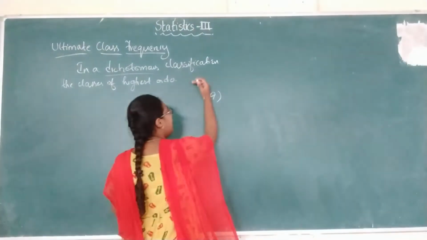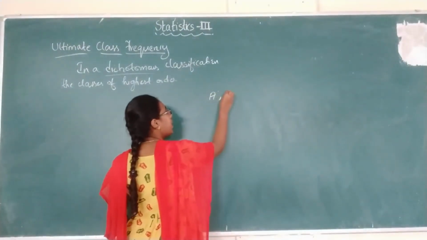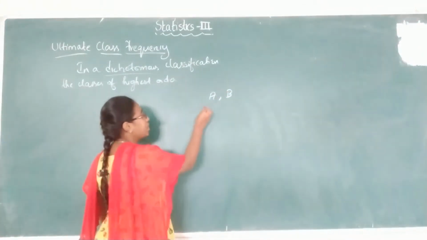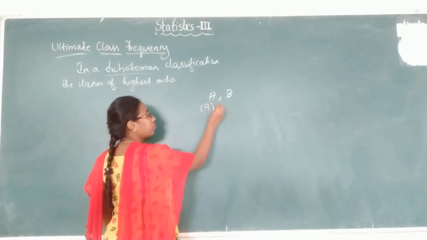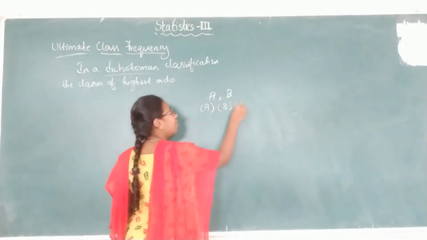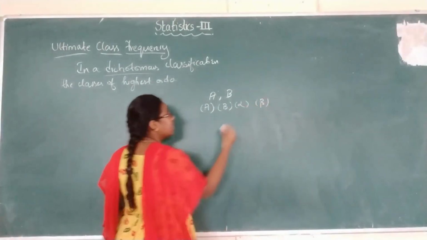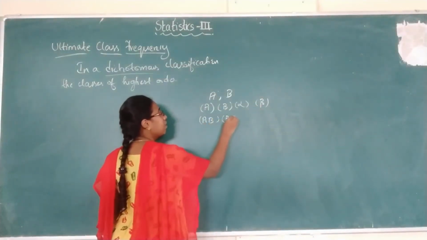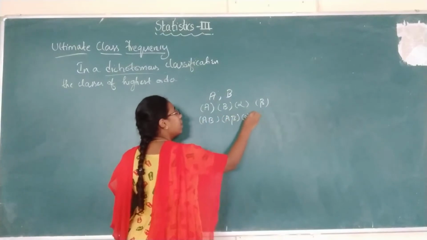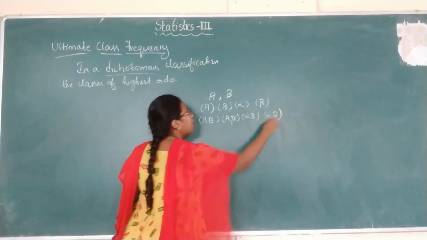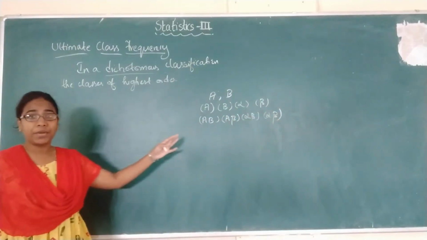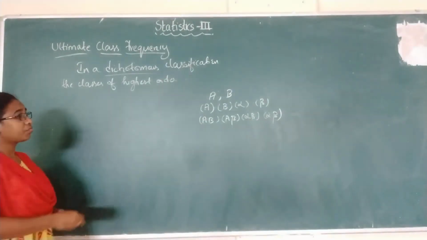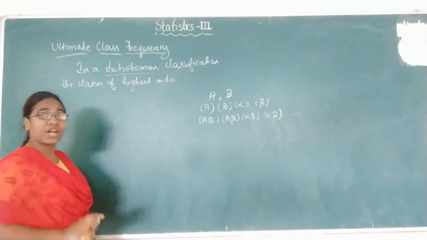Suppose I take 2 attributes, A and B. What are the different classes I can write from this? I can write A, B, alpha, beta, and similarly AB, A beta, alpha B, and alpha beta. If I consider 2 attributes, what are the class frequencies of highest order?